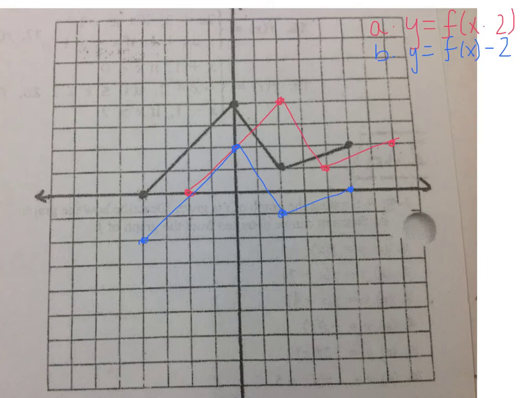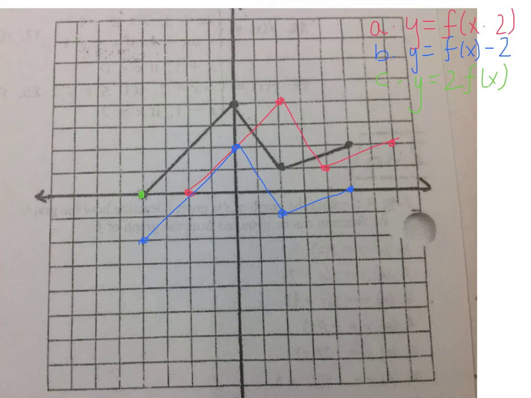And then, let's get a different color. We'll do green. C is y equals 2 times f of x. That's a vertical stretch. So all your y coordinates get multiplied by 2. Well, this y coordinate is at 0, so this one doesn't change. This y coordinate is at 4.